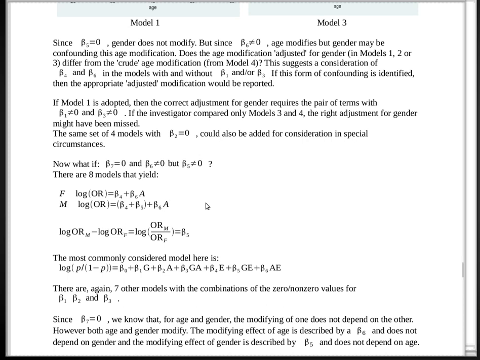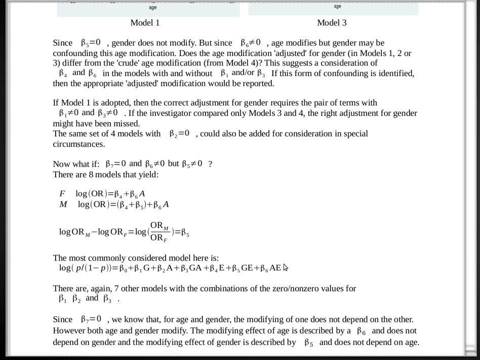However, it could be that gender modification is seen after adjustment for age, and age modification is seen after adjustment for gender. Okay? And again, we would probably have the model that involves all 7 terms here.